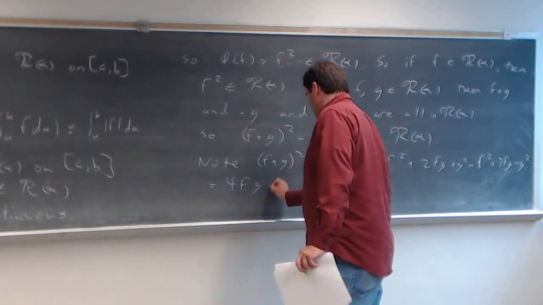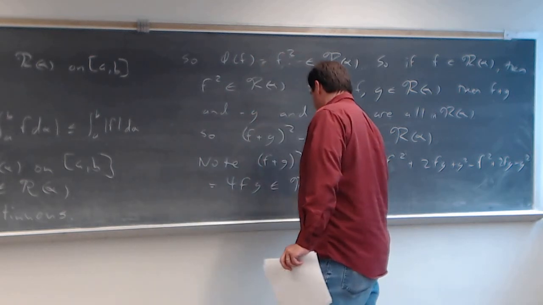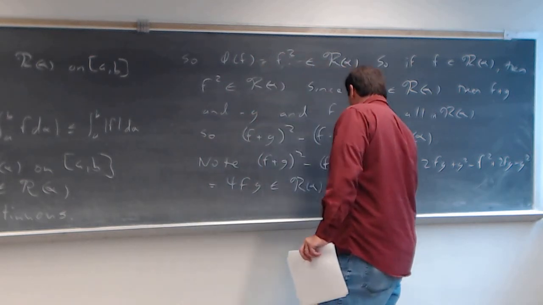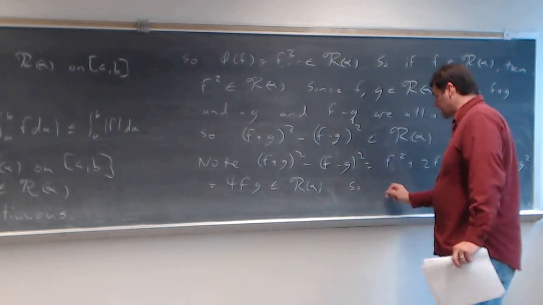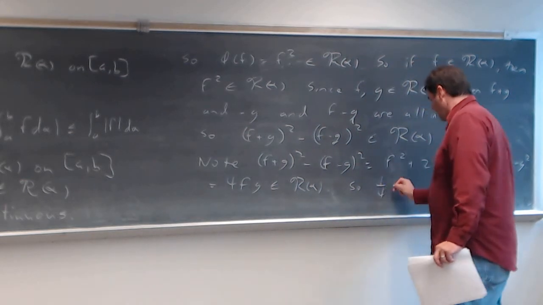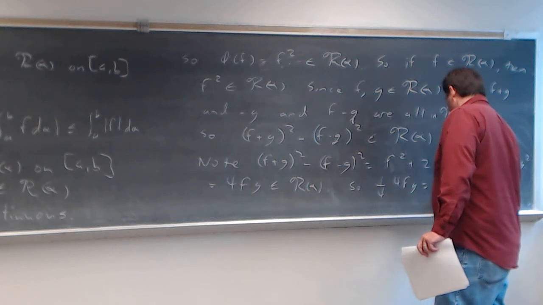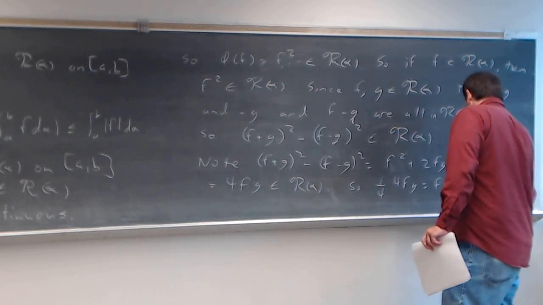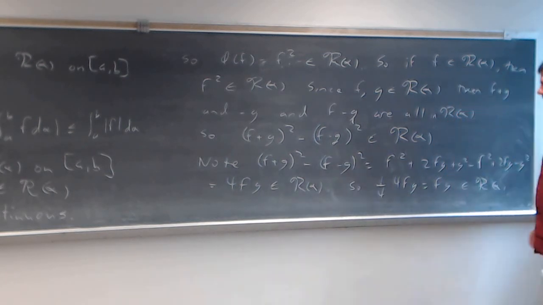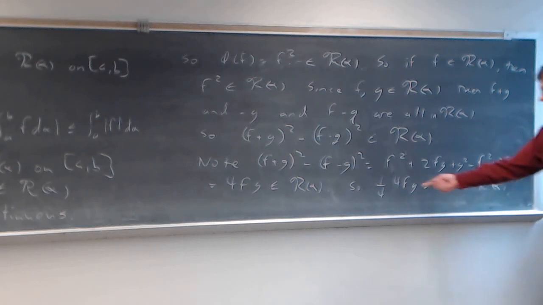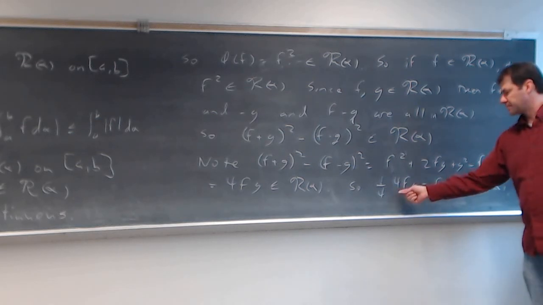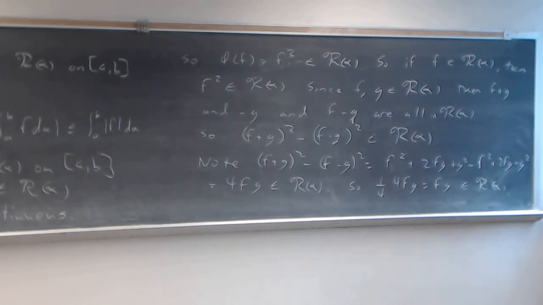And this has got to be a Riemann-Stieltjes integrable function. So we multiply that by a constant, 1/4 times 4fg equals fg. This is going to be Riemann-Stieltjes integrable, because if you multiply a Riemann-Stieltjes integrable function by a constant, the output is Riemann-Stieltjes integrable. So that's what we have. That's the proof of part A.